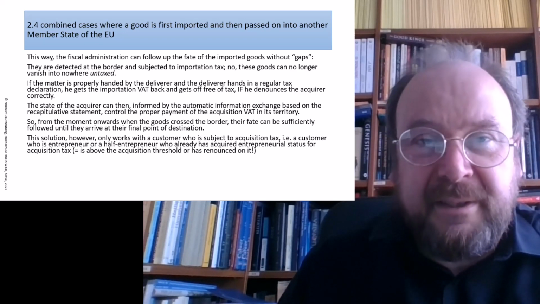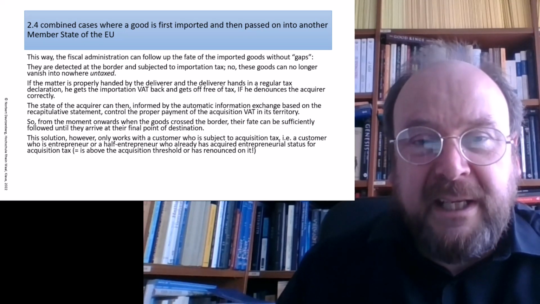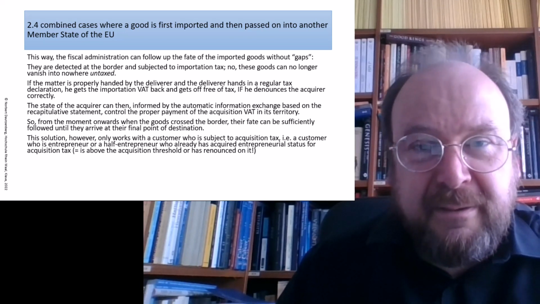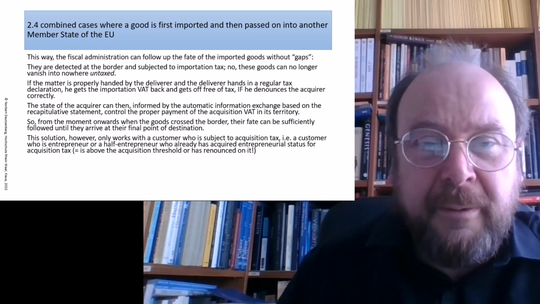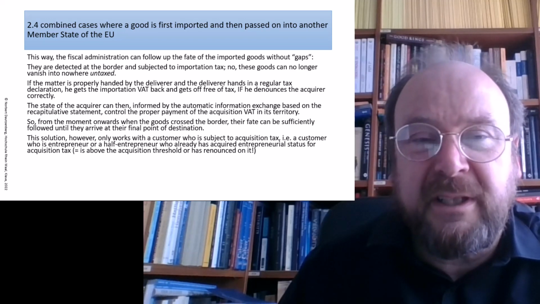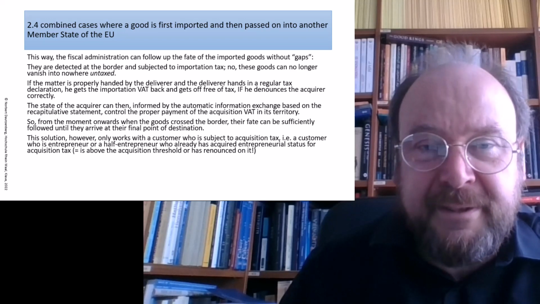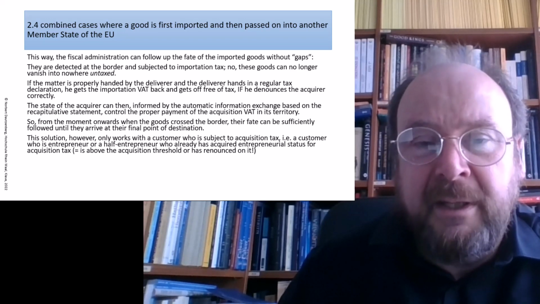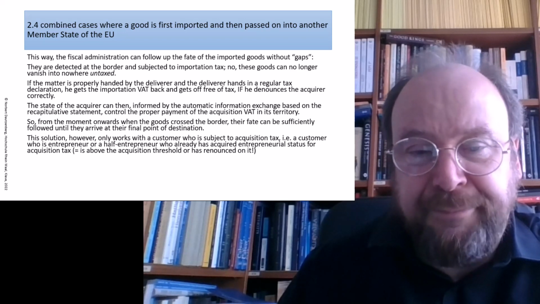In the case that the customer is not an entrepreneur but a private person, then the only person who can fulfill the tax obligations in the country of destination are you, the deliverer. So the place of delivery will then be shifted to the place where your private customer lives, so to member state 2, and that would be done by paragraph 3c USTG.